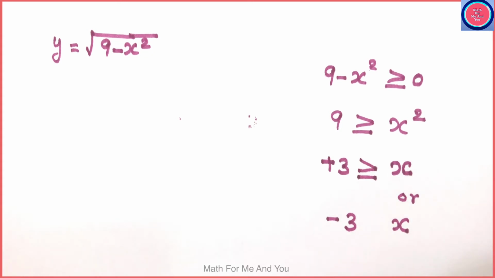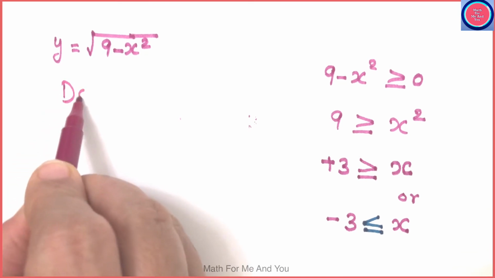When we connect with the negative number, we have to change the inequality to the opposite direction. So here we write less than or equal to. With the positive, we use the same inequality, and with the negative, we have to change the inequality.